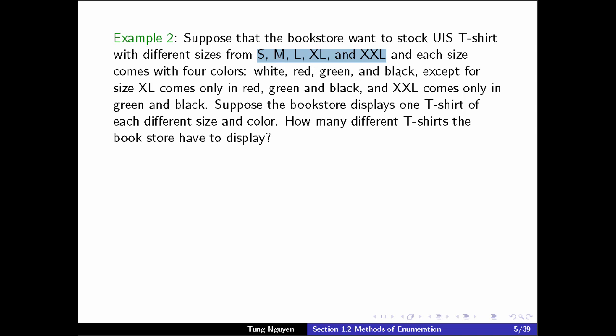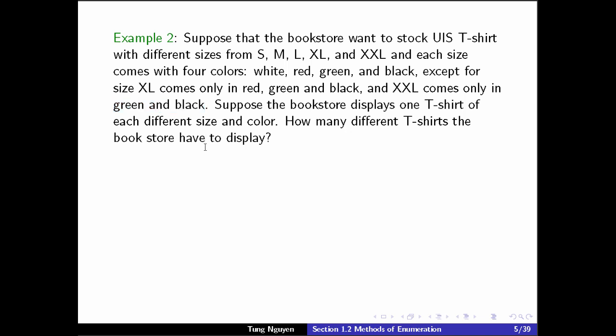Except size XL has only 3 colors: red, green, and black. And the XXL only comes in green and black. We want to know how many t-shirts the bookstore has to display if the bookstore needs to display one t-shirt of each kind.